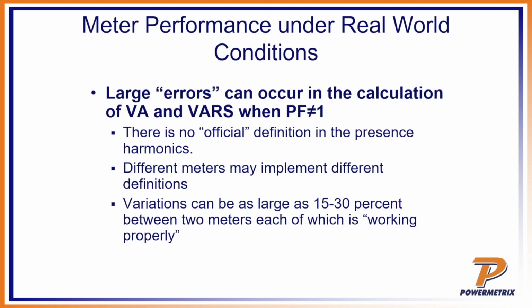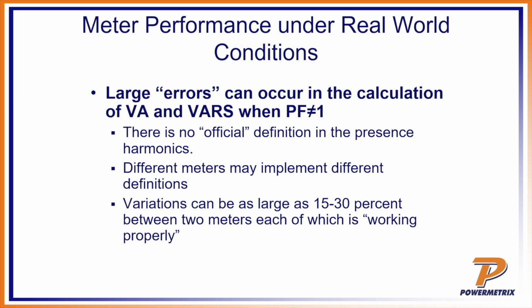So, meter performance under real-world conditions. Large errors can occur in the calculation of VA and VARs when my power factor does not equal 1. The problem is that there is no official definition in the presence of harmonics. We know there are harmonics, but there's still disagreement about how to measure them and what might be allowable or not.